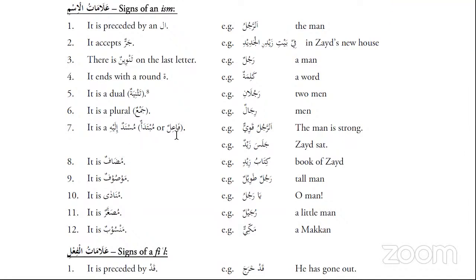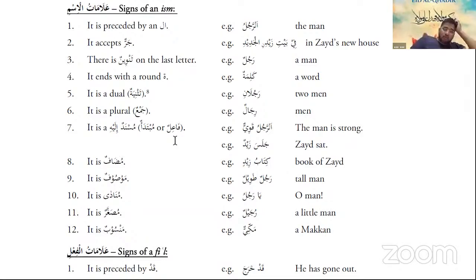Musnad ilay means it can be a doer or a subject. It could be a doer, like as you know, every verb requires a doer. A doer is a noun, and the subject is always a noun as well. Ar-rajulu qawiyun, the man is strong. Where is the subject?